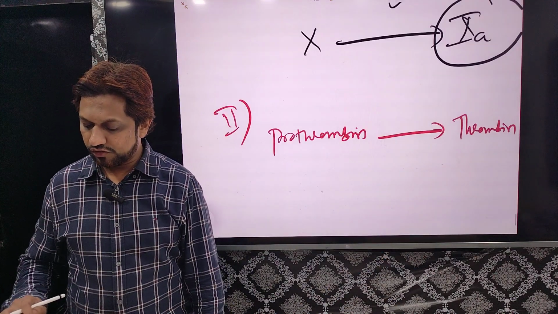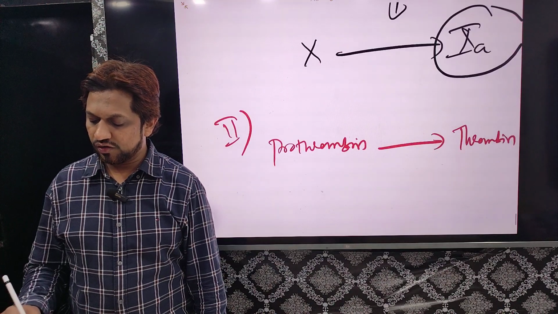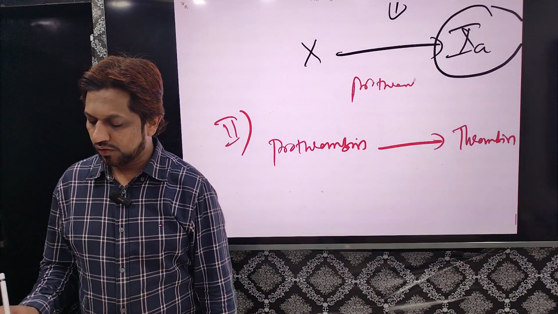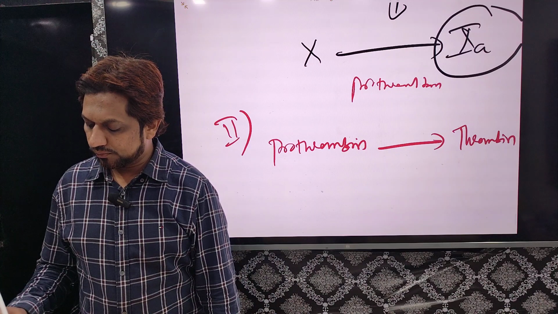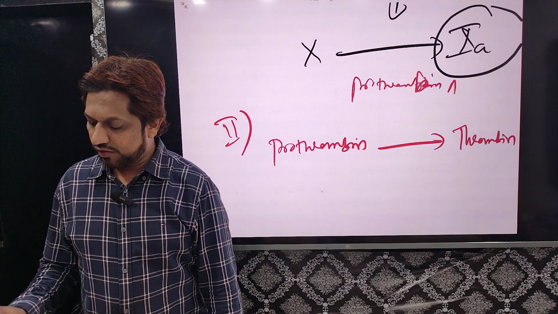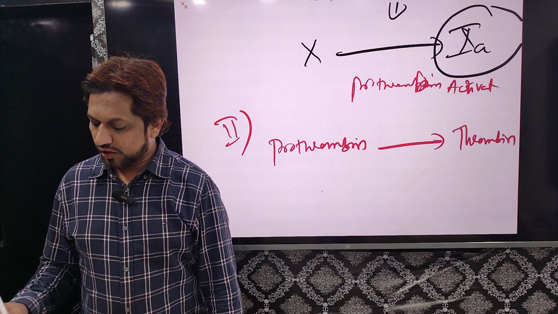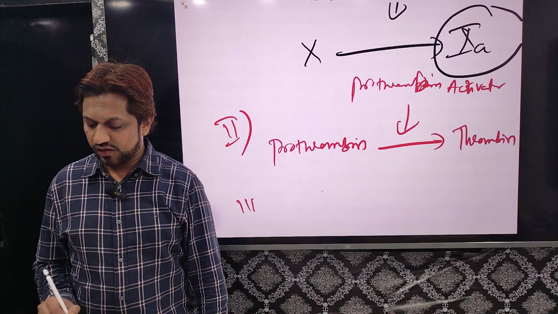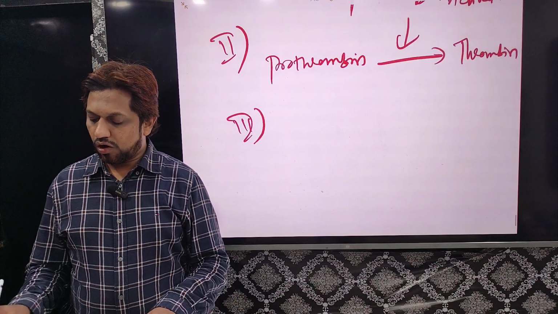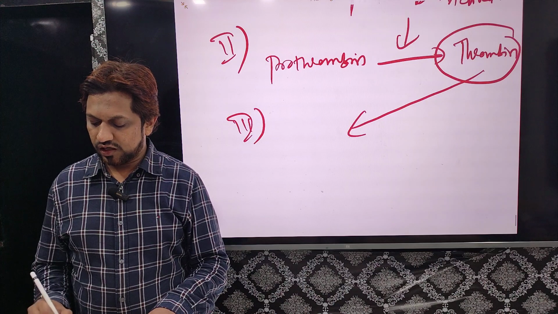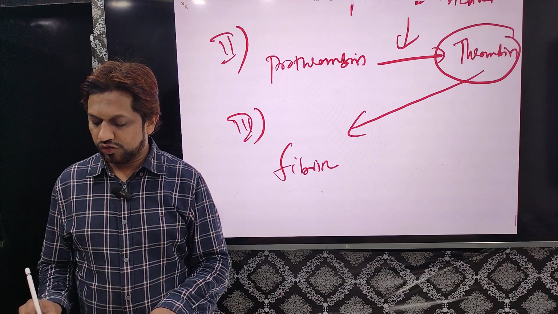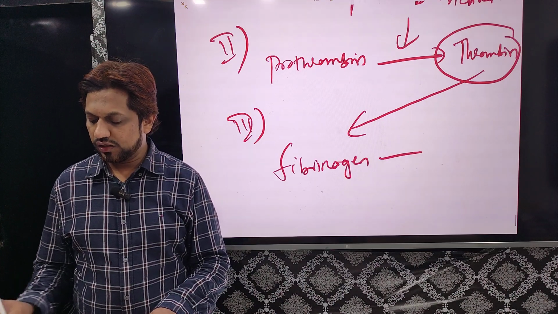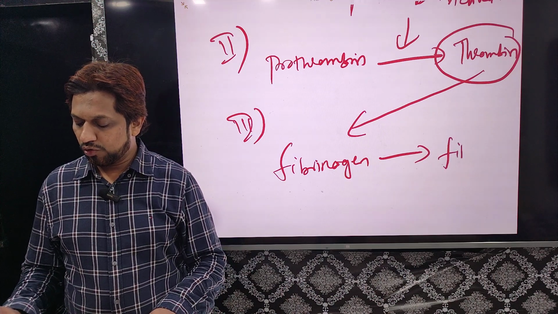Conversion of prothrombin to thrombin requires prothrombin activator. This prothrombin activator converts prothrombin to thrombin, and finally this thrombin acts as a protease and converts the fibrinogen, a plasma protein, into fibrin monomers.